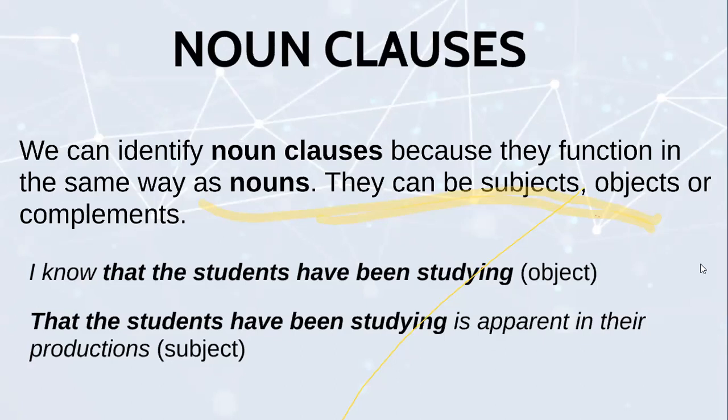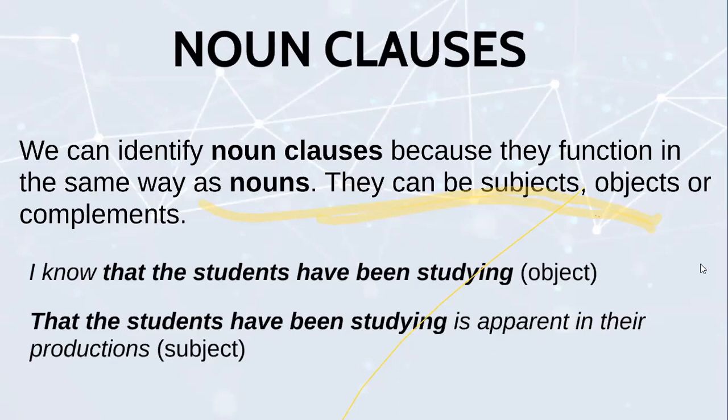Noun clauses function in the same way as nouns. Does anybody remember the definition for clause? A clause is a grammatical structure that contains at least a subject and a finite verb, okay?